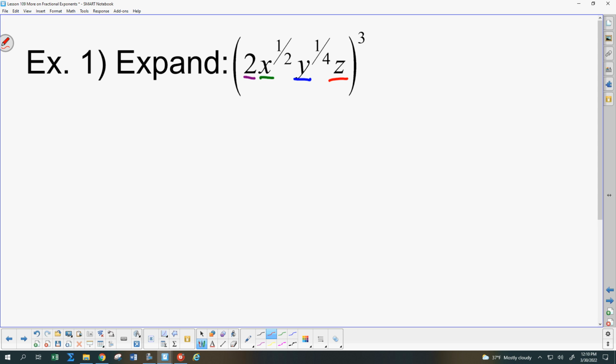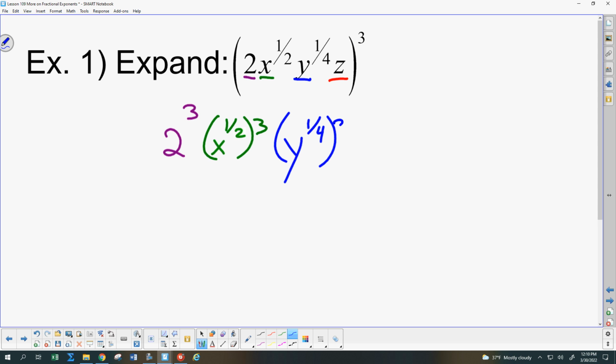Each of those 4 things needs to get that exponent. So I'm going to have 2 that gets cubed. I'm going to have the x to the 1/2 that gets cubed. I will have the y to the 1/4 that gets cubed. And I will have the z that gets cubed.